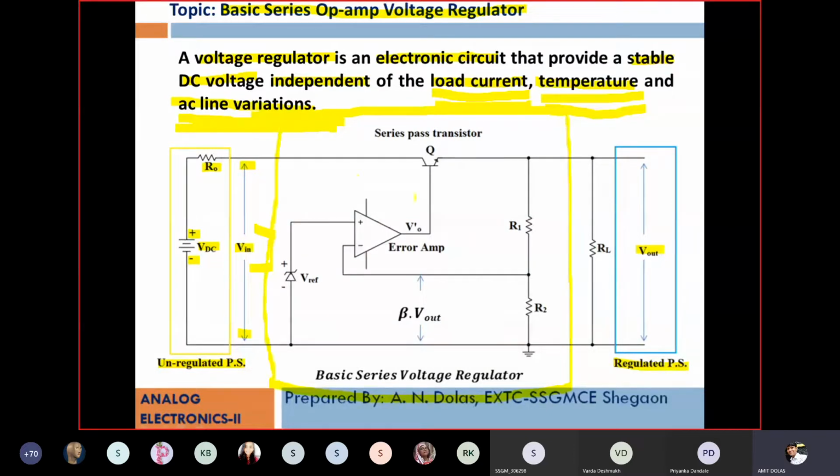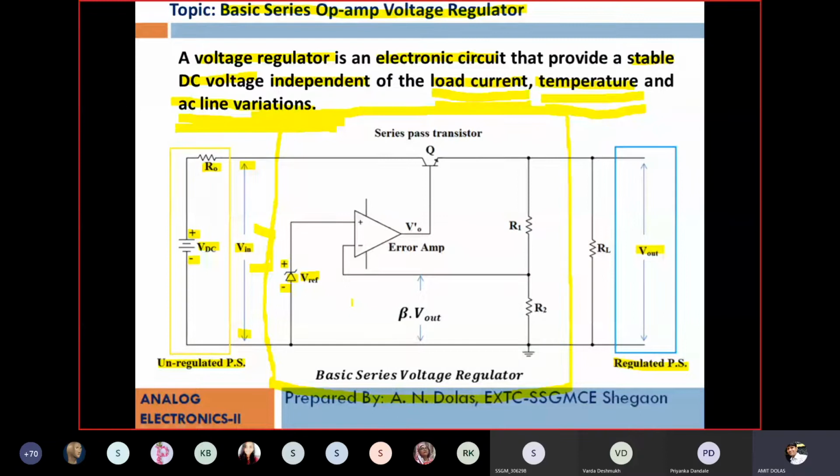So this is the basic diagram. Let's see what the components are. One is the reference generator, which is nothing but a zener, called V reference. Until and unless we have a reference, we cannot compare a certain thing and we cannot achieve the target.